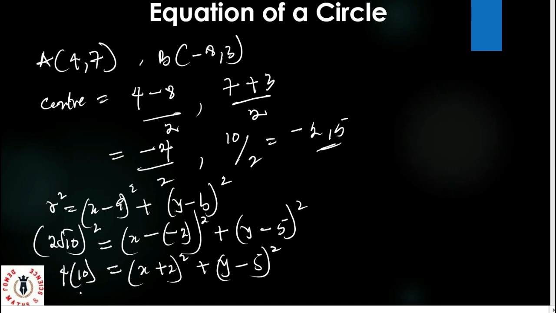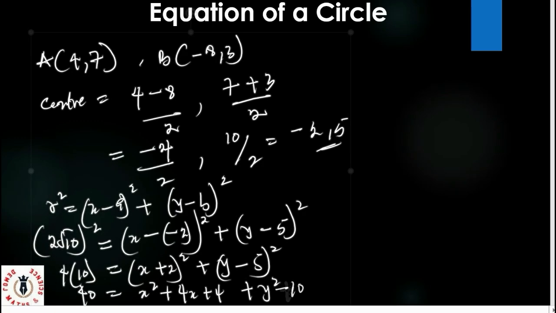You can decide to expand further so that this is 40 equals x squared plus 4x plus 4 plus y squared plus, or that will be minus 10, not positive any longer. Just that will be minus 10y plus 25.